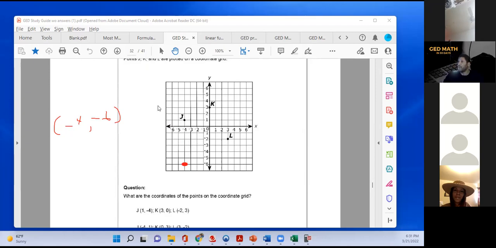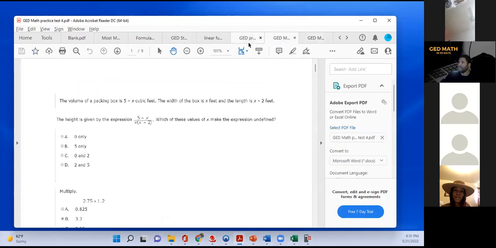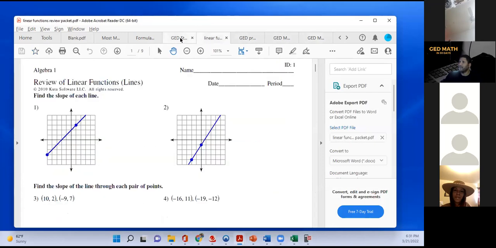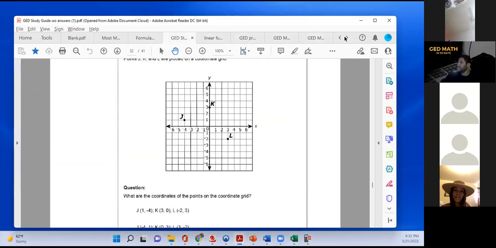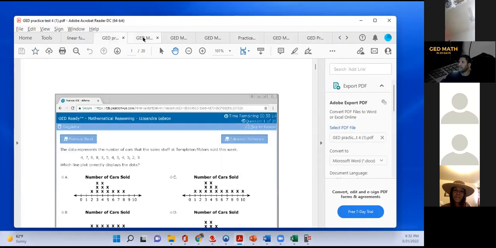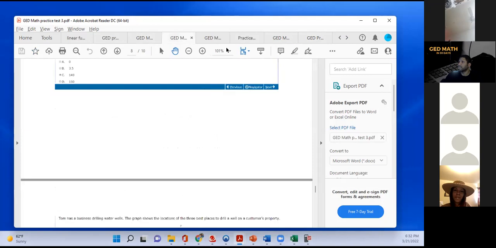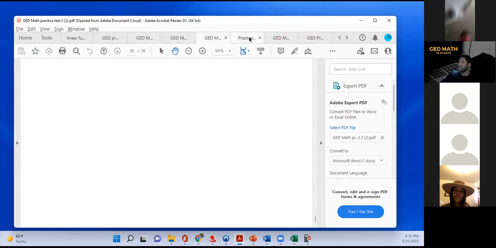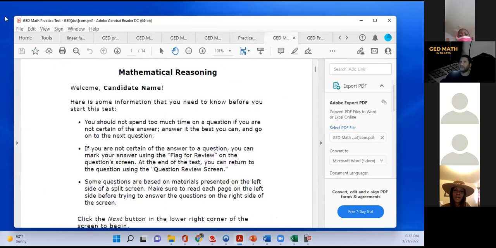For example, let me see, GED. I'm going to show you one real quick. And again, they might have a word problem. They might have different things. You have to be prepared for everything. The one you just passed, where it had that line coming down but didn't have those dots there? Hold on, which one is that? This is the one I'm looking for right here.